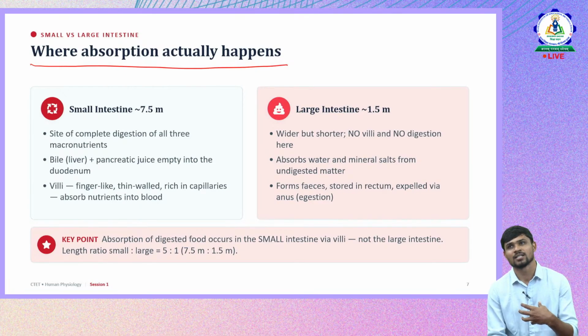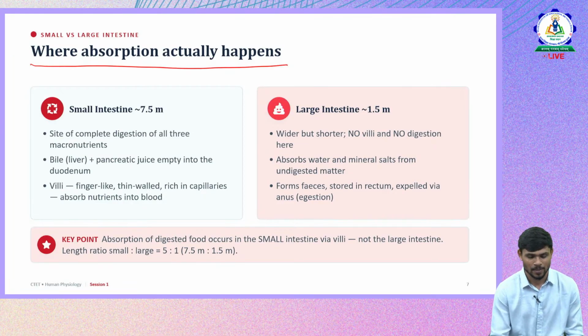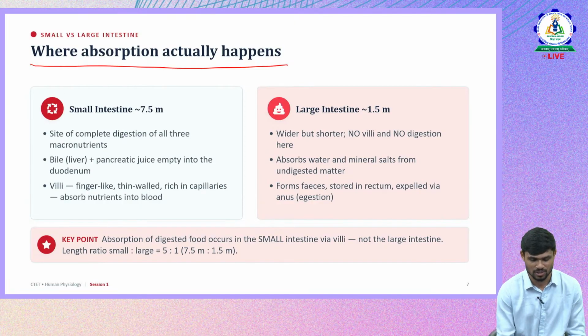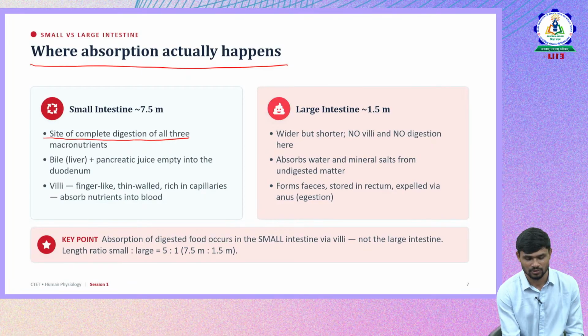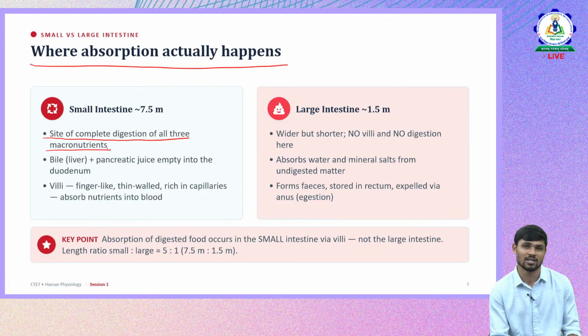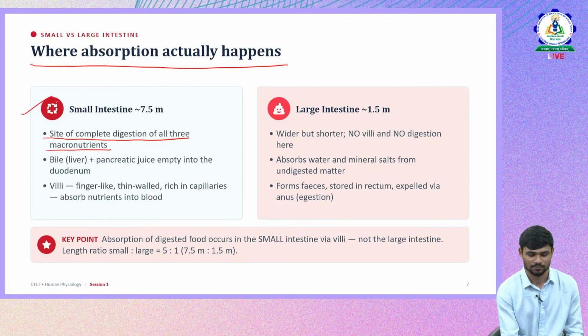So what does the small intestine consist of to complete the digestion process? It has intestinal juices. It is the site for complete digestion. All three macronutrients will be digested in the small intestine.